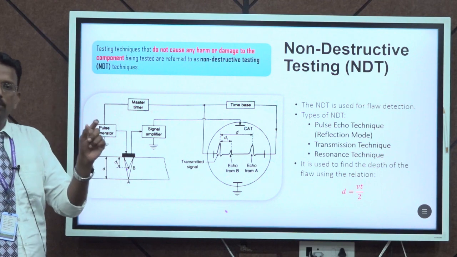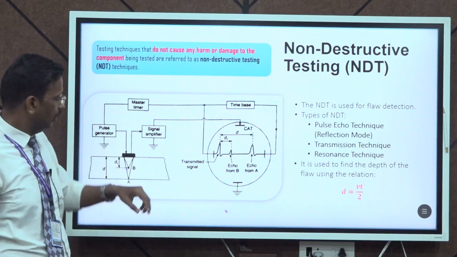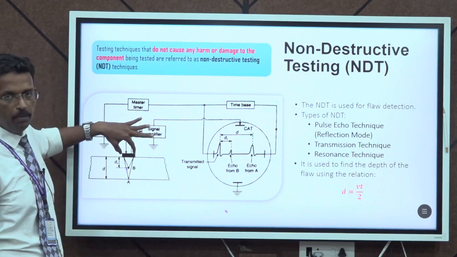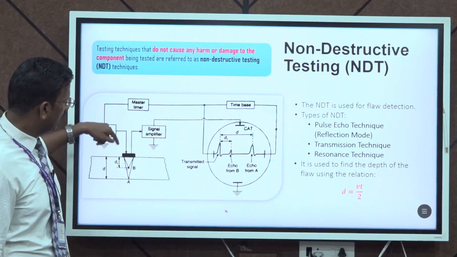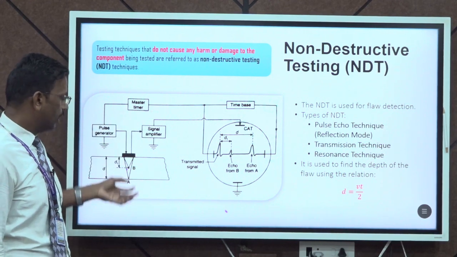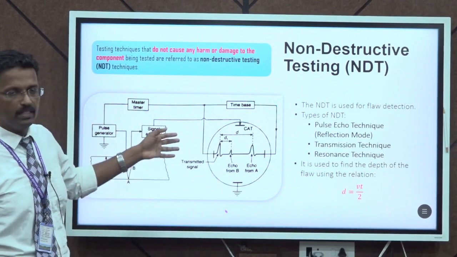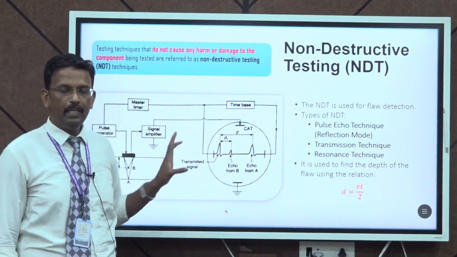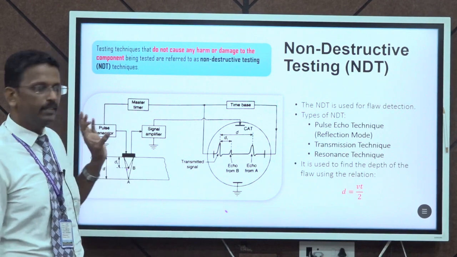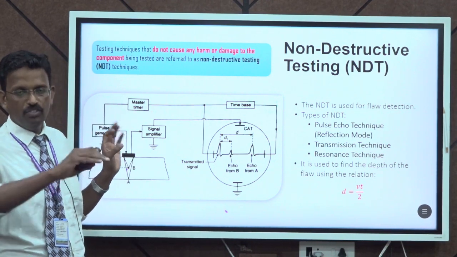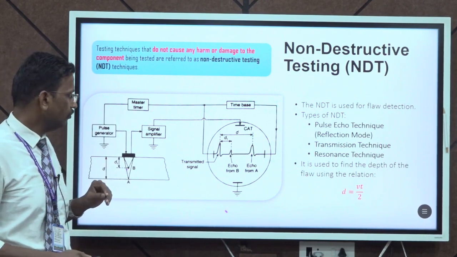Here we use only one transducer, present on the top of the specimen, so we send pulses and receive echoes from the specimen that can be analyzed by the circuit. Finally, we get the depth of the flaw or the thickness.